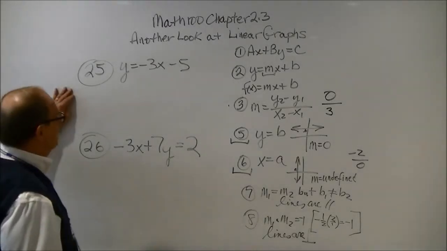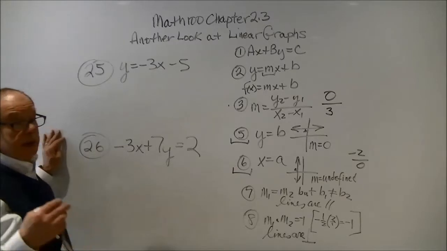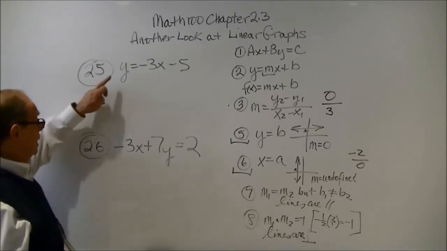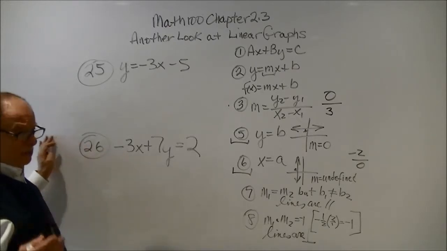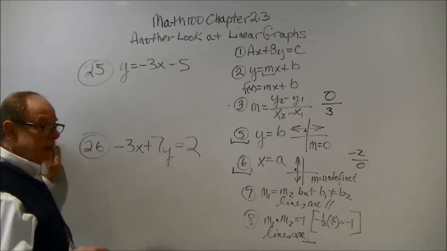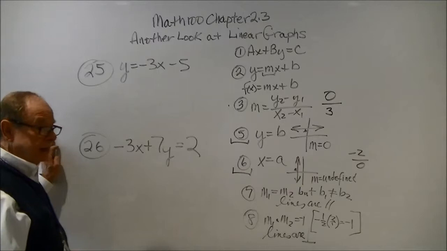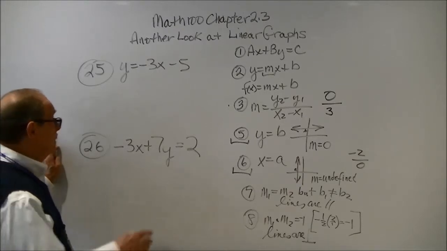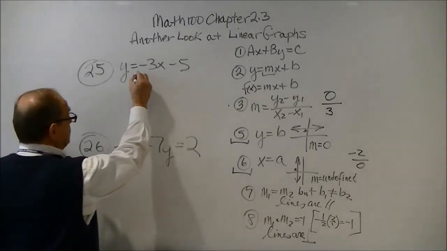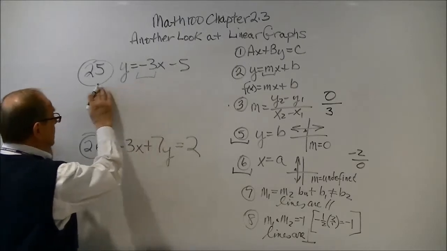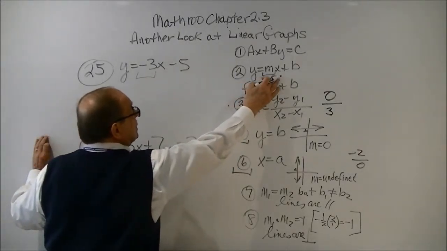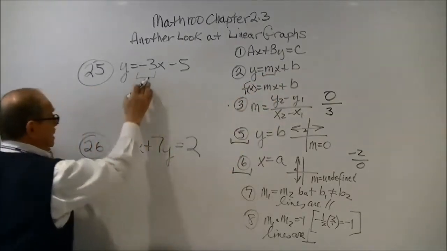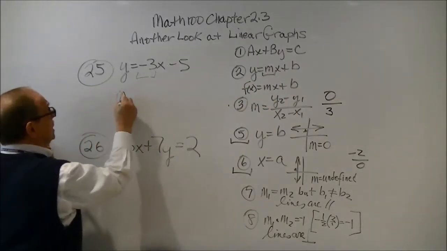Okay, in these now, they want us to find the slope of the original equation, and then what would be the slope of a line perpendicular to that. So as we look at this, it's easy to pick out the slope when it's in slope-intercept form. It's what's before the x. So this is a -3.